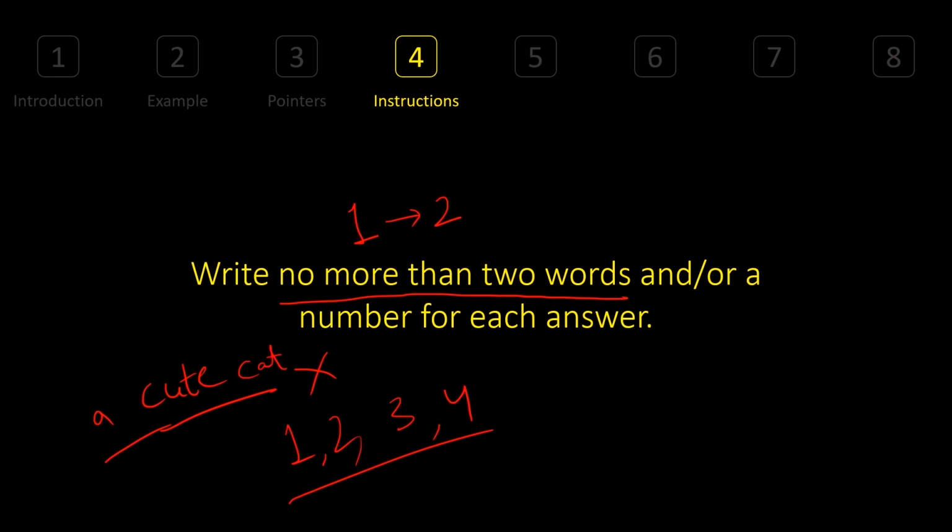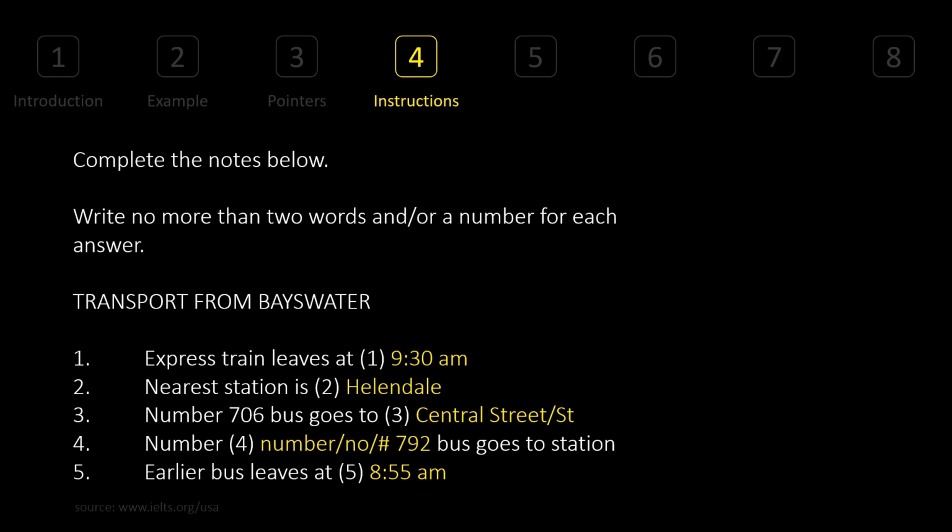Now what is this last part? And or a number for each answer. When they say and or a number, it means that you can add a number to these 2 words, if it is a number. What I mean by that, I'll show you. See, we have an answer here which we have seen earlier, 9:30 a.m. You see that 9:30 is a number and then a.m. is a word.